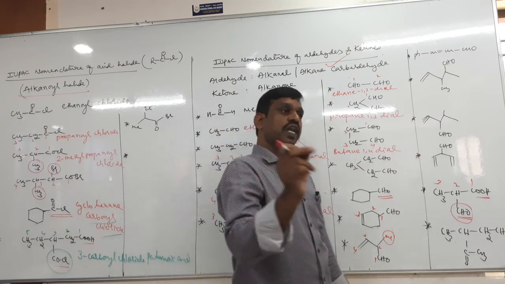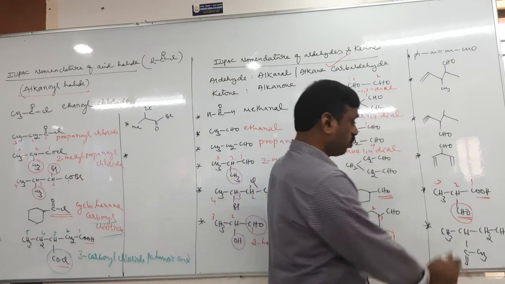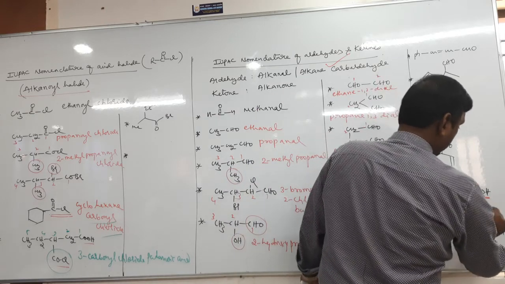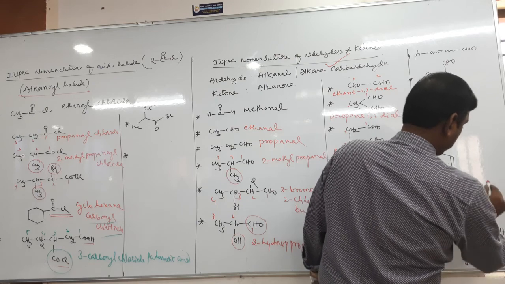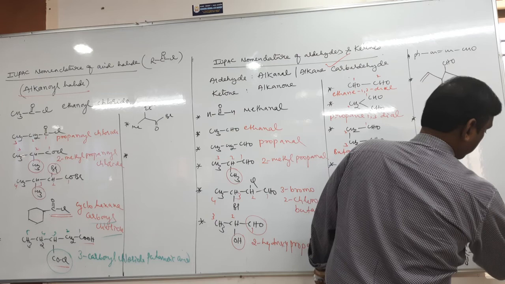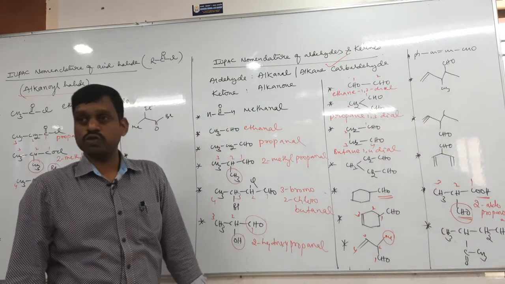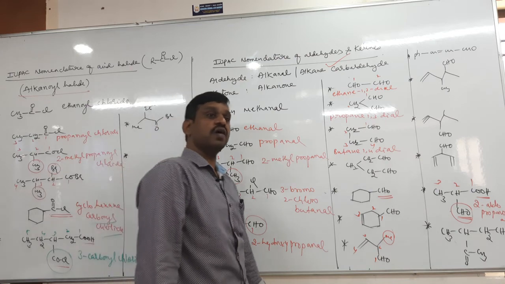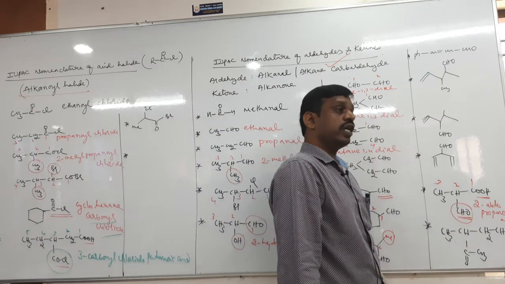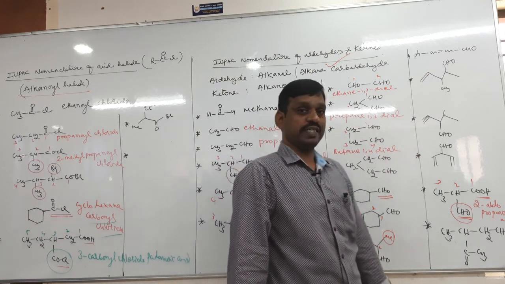The old nomenclature is formyl, the new one is aldo, but both can be used. Therefore 2-aldo or 2-formyl, anything can be taken. 2-aldo propanoic acid or 2-formyl propanoic acid, because formaldehyde, formyl, is one carbon aldehyde. You write both.